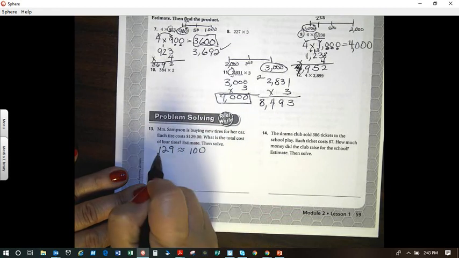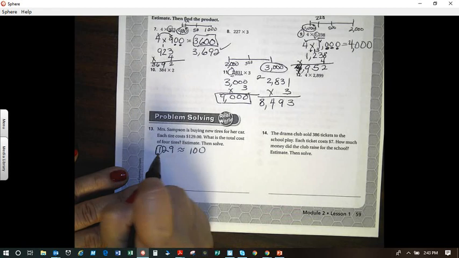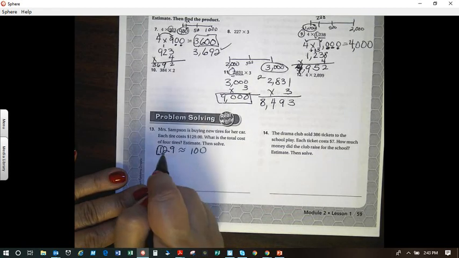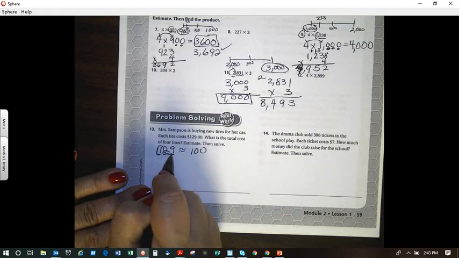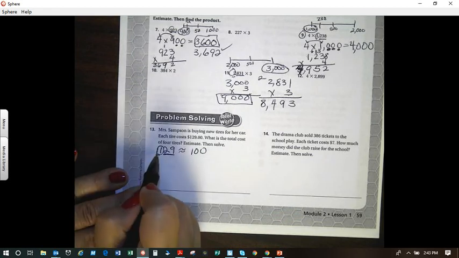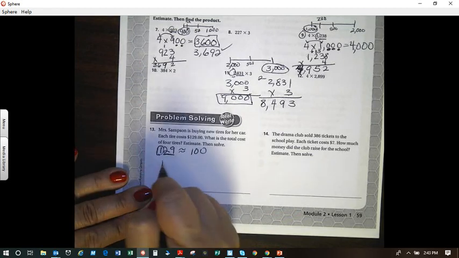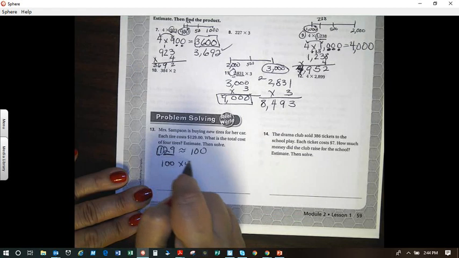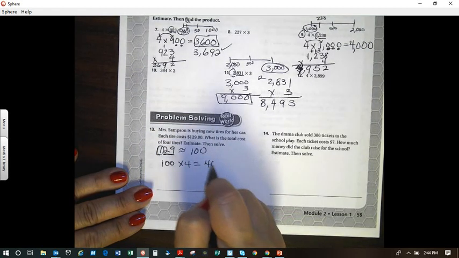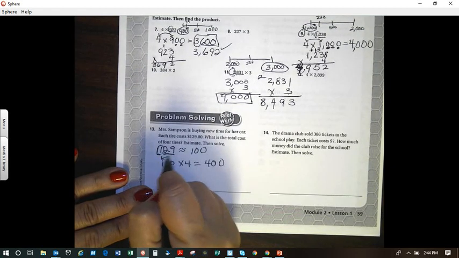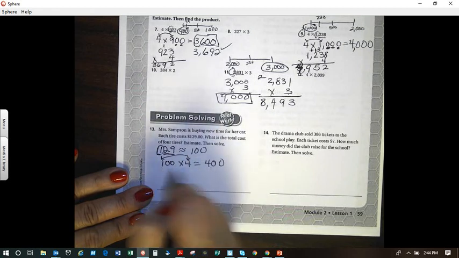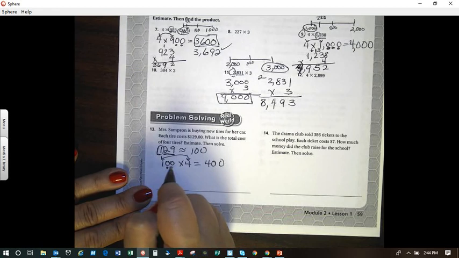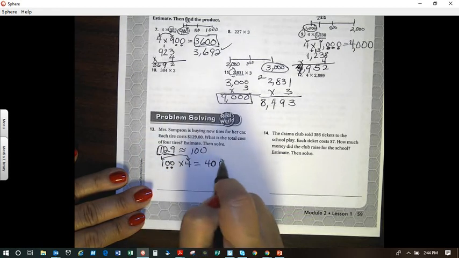So again, my highest place value is 1. 29 is less than 50, so it's closest to 100. So 100 times 4 equals 400. Remember, my 1 times 4 equals 4. I'm going to put my dots under my 0 and count it. That's 1, 2, and then draw out the 2 zeros.